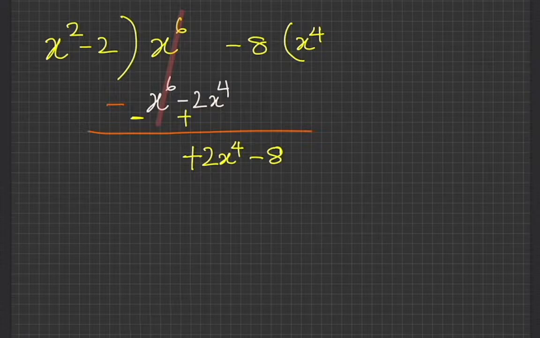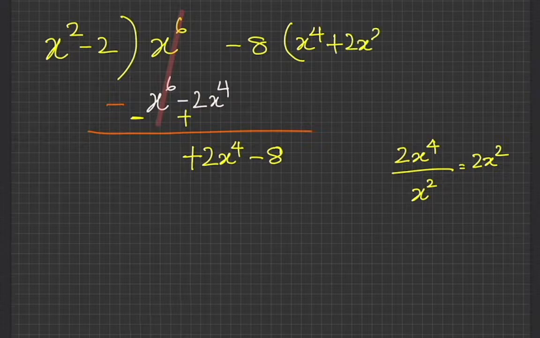Same process. 2x to the power 4 by x to the power 2 will give me 2x squared, correct? So plus 2x squared.